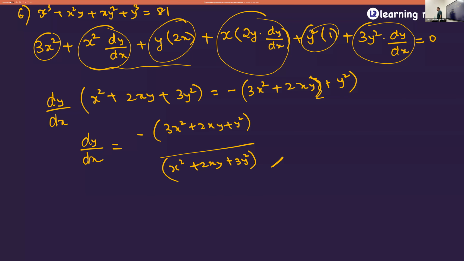You will have a significance for minus dx by dy. Minus dx by dy is the slope of the normal. So if tangent is dy by dx, the normal will be minus of dx by dy. Because we know that when two lines are perpendicular, what is the condition between them? Product of their slope is minus 1.